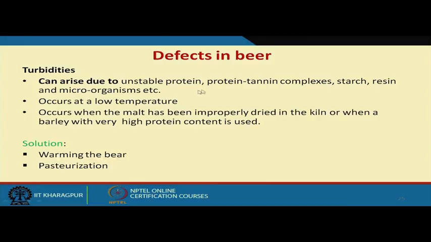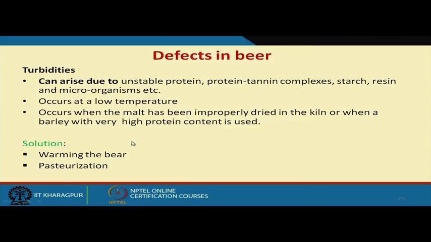Now beer has several defects. Defects of beer arise mainly due to the precipitation of the proteins or some remaining suspended particles. This can arise due to unstable protein, protein tannate complex, starch, resin, and microorganisms, etc. It occurs at low temperature, when malt has been improperly dried in the kiln, and when a barley with very high protein content is used.